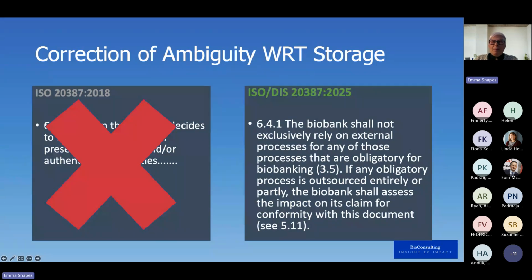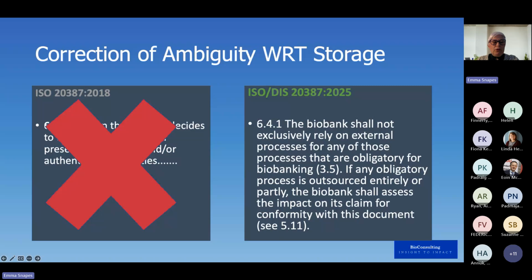Now, there might be times when you cannot store all of your samples or material at the site, and the second sentence helps with this. If any obligatory process is outsourced entirely or partly, the biobank shall assess the impact on its claim for conformity with this document. See 5.1.1.